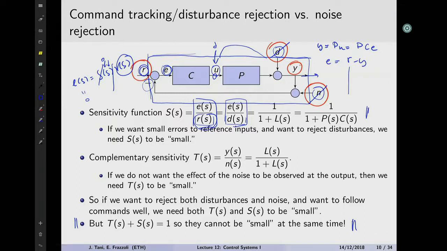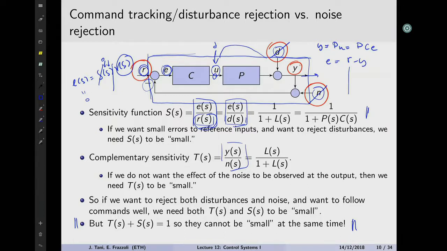Now, if you just look at it for a second, remember that L of S is nothing but P times C. If you want these to be small, we want these to be small, right? And we will see later how this is possible. On the other side, for example, this complementary sensitivity function represents the relationship between the noise and the output.